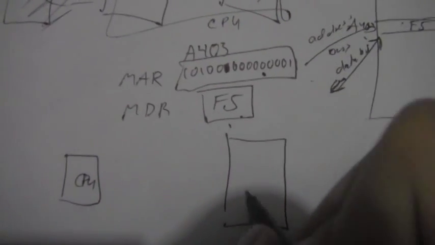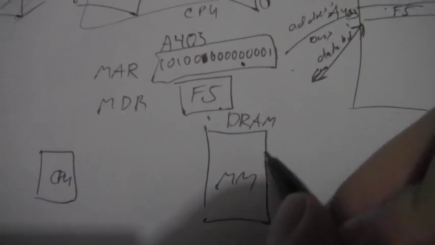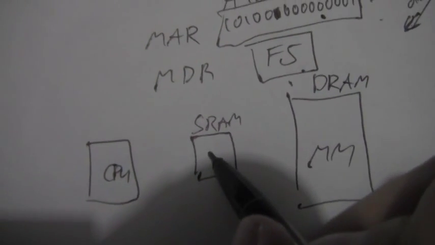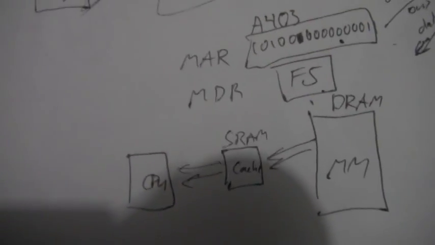However, if you have a CPU and then your main memory, which uses DRAM, some architectures or organizations put in a static RAM, which uses flip-flops, called a cache, to get data and store it so that the CPU can access it faster, because SRAM is faster.